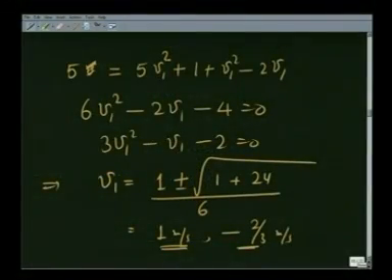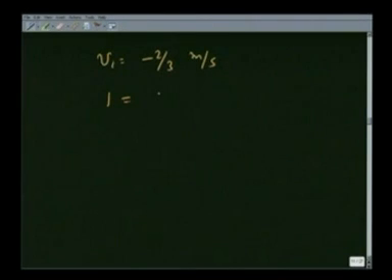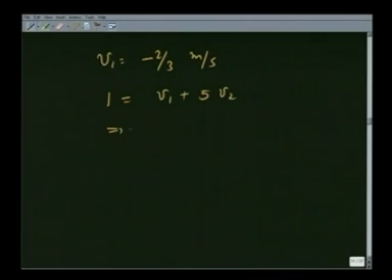So, I get v1 is equal to minus 2/3 meters per second, and if you recall, I had 1 equals v1 plus 5 v2, and this gives me 5 v2 is equal to 5/3, or v2 equals 1/3 meters per second.